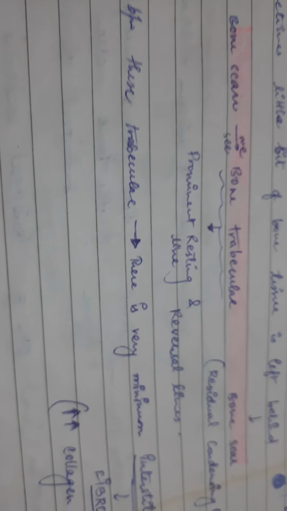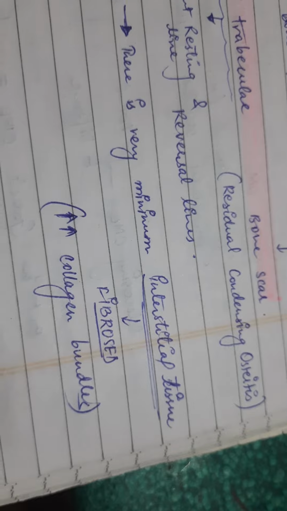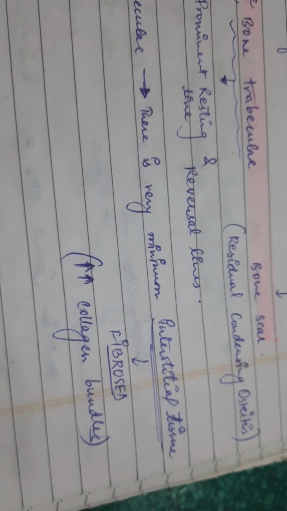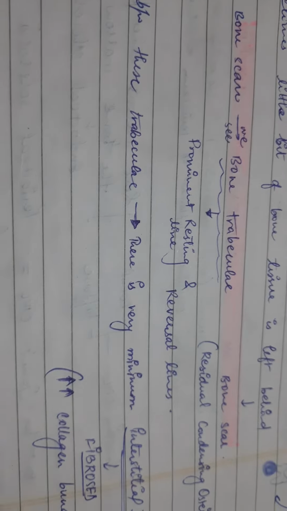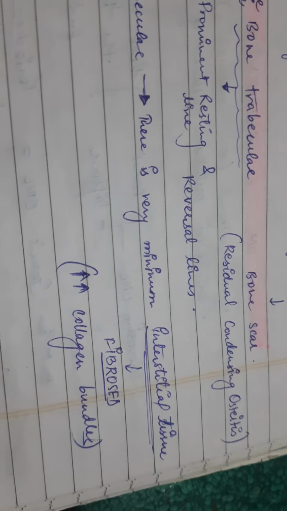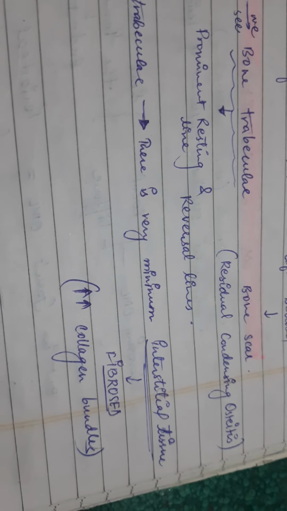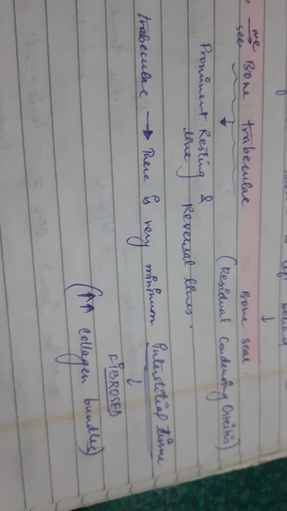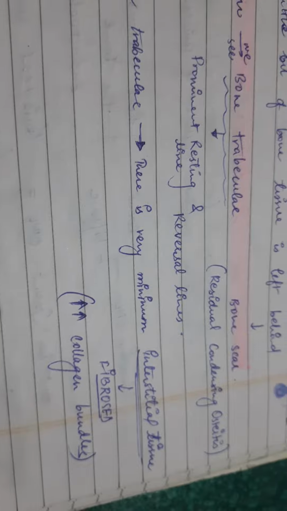Between these trabeculae there is very minimal interstitial tissue, which is also fibrosed, with increased collagen bundles.